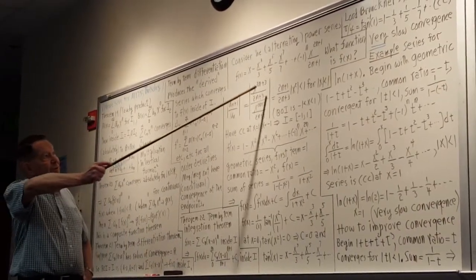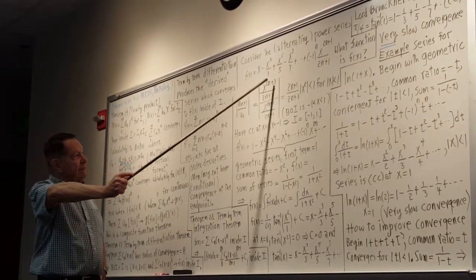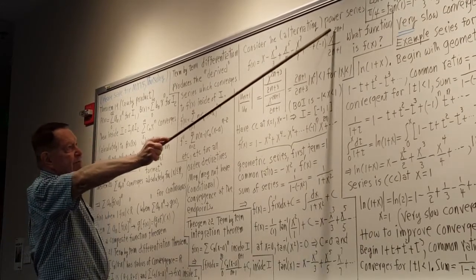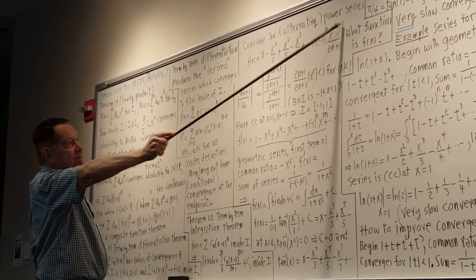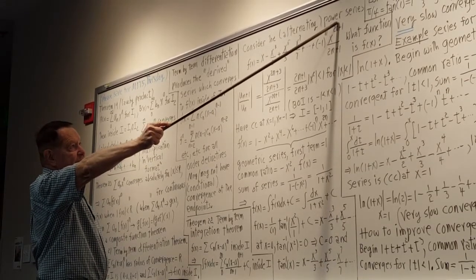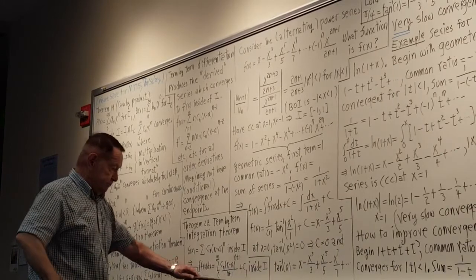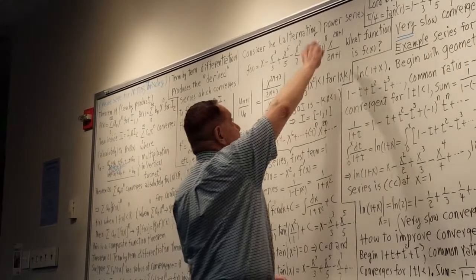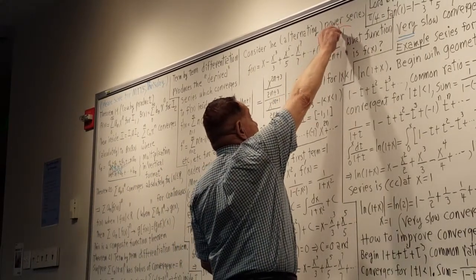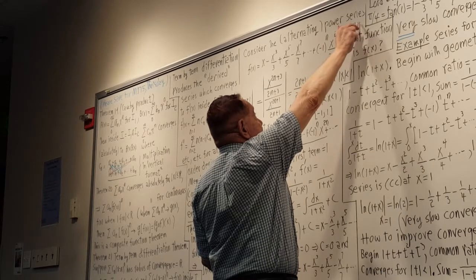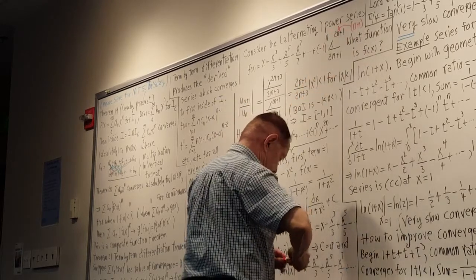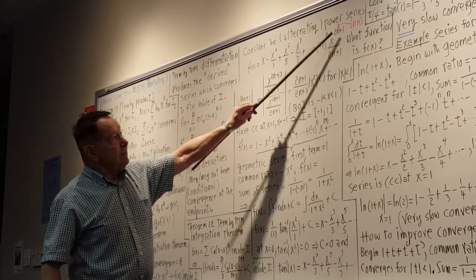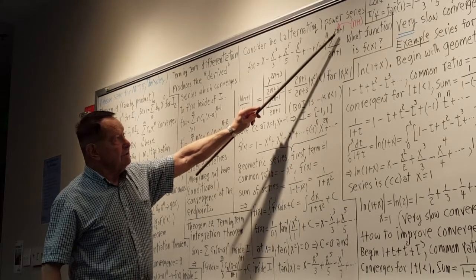If you do your ratio of the n plus first term to the nth term, you see if your general term is exponent 2n plus 1, and you replace n with n plus 1, put n plus 1 there, then you get 2n plus 2 plus this one, so 2n plus 3.